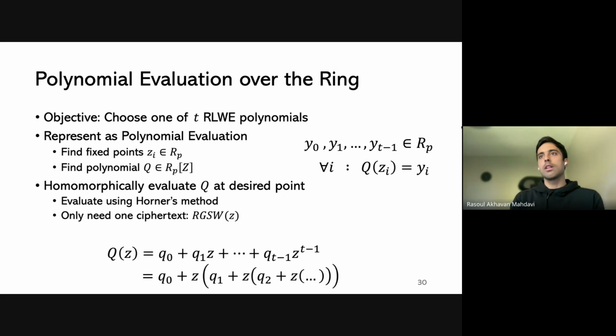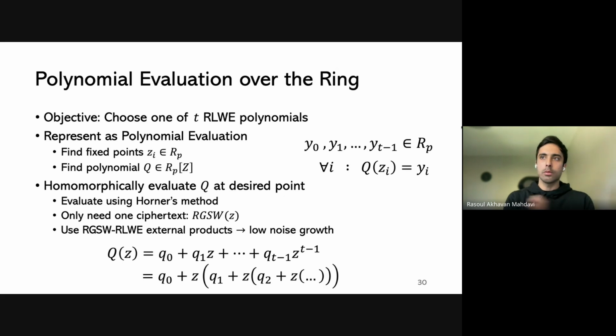This also allows us to perform the multiplications in the homomorphic polynomial evaluation using external RGSW to RLWE external products, which will limit the noise growth. But in terms of communication costs, all we'll need is only the encryption of Z under RGSW. So you won't need other encryptions, like encryptions of powers of Z or anything like that.